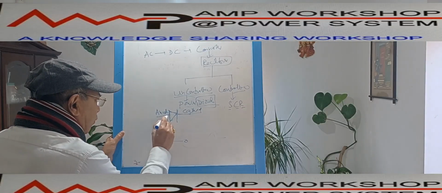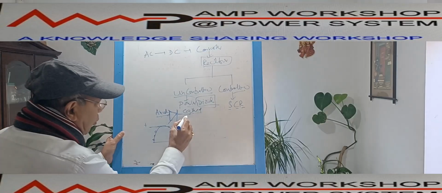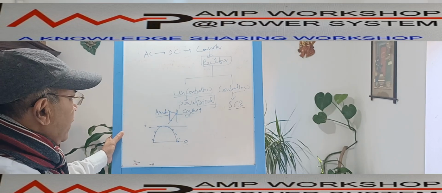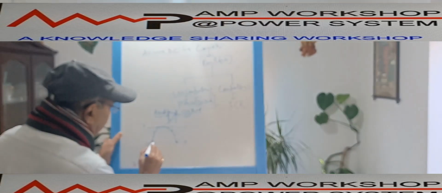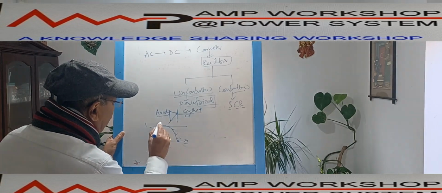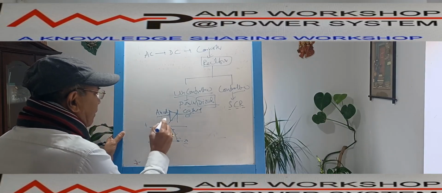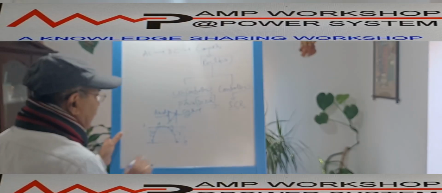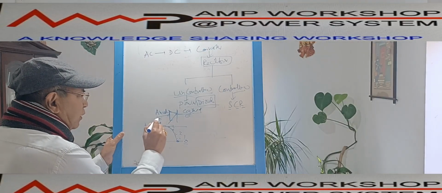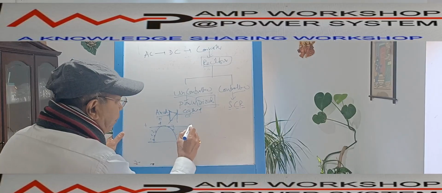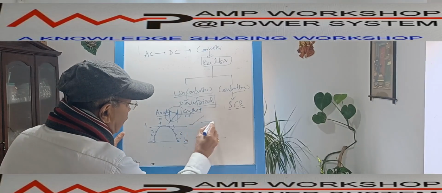And the anode voltage, suppose this is 0, this is 1, 2, 3, 4. Again it gradually decreases, that means 3, 2, 1. When the anode voltage is 0, the switch is open.